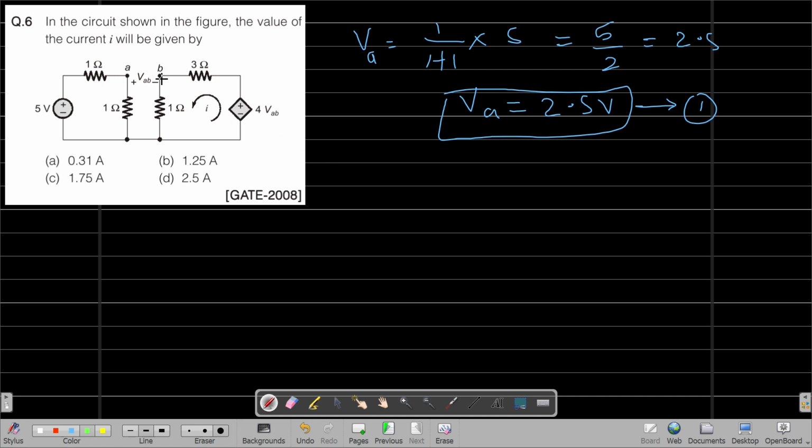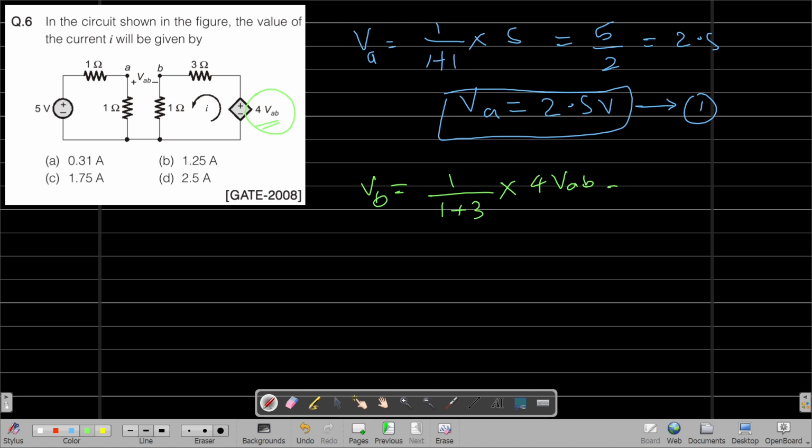Now we will find VB. This is our voltage source. Let's write voltage division for VB, which is the voltage across the 1 ohm resistor. So VB equals 1 upon the total resistance, that is 1 plus 3, into the source voltage, that is 4 VAB.